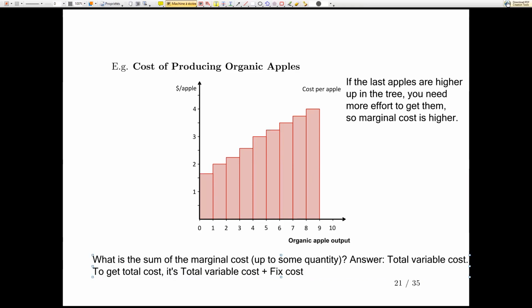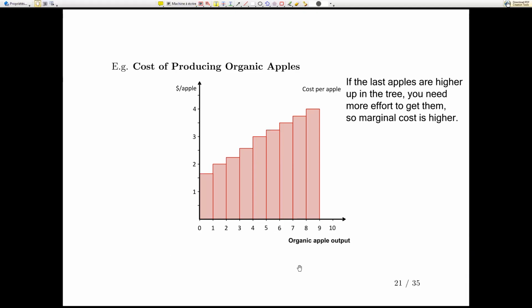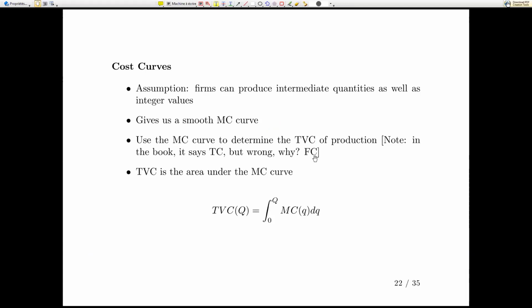We're going to see this, I think, in the next lecture. Then we can say that we don't really have a fixed cost, but this is just to make sure you don't get confused about this. So in the book it says it's total cost, but you have to add the fixed cost.